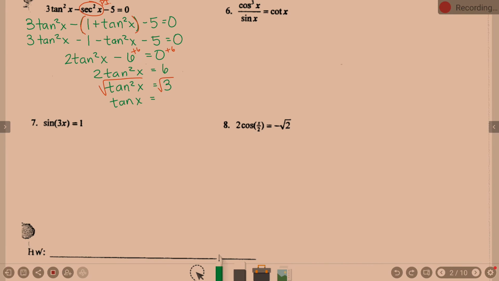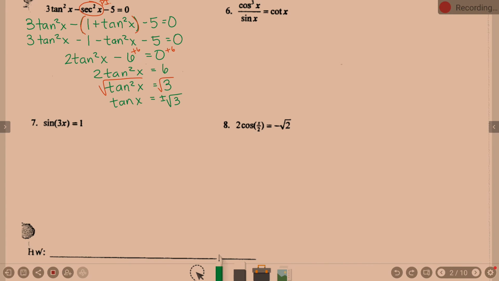And? Negative square root of 3? Oh, are we in an equation setting? Should we say plus or minus? We should. Whoops, I forgot something important there. There we go. So tangent x equals plus or minus the square root of 3.